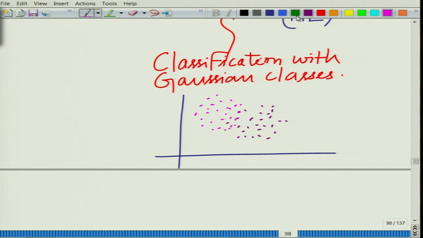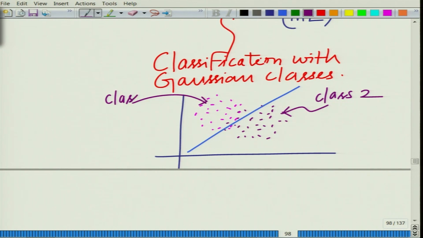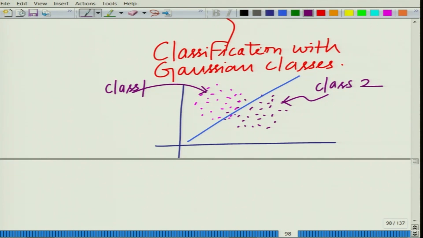What you are trying to do is classify or basically separate these into two different classes. Let us call this class 2 and let us call this class 1, and you are basically partitioning the data into these two classes.